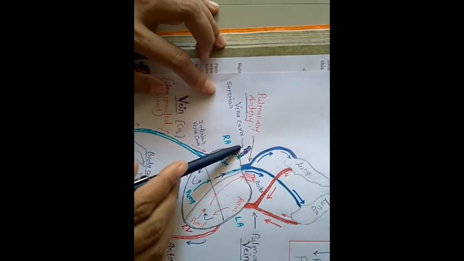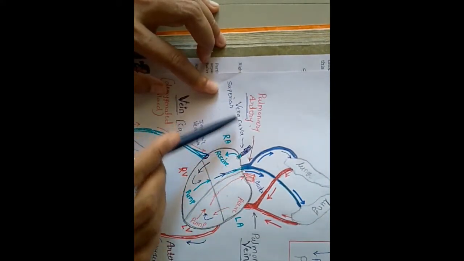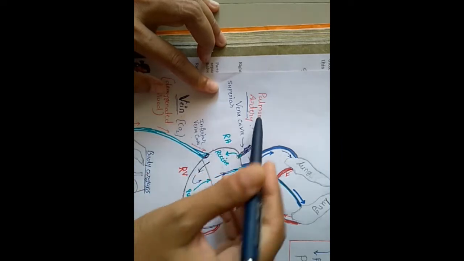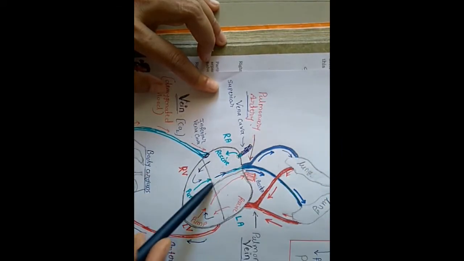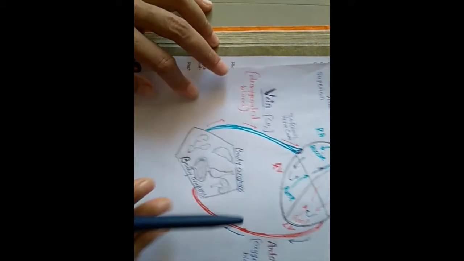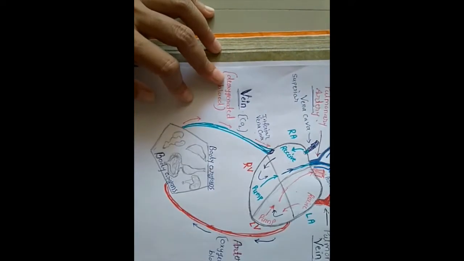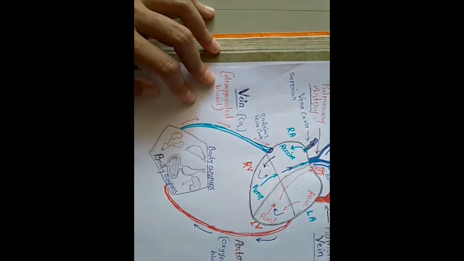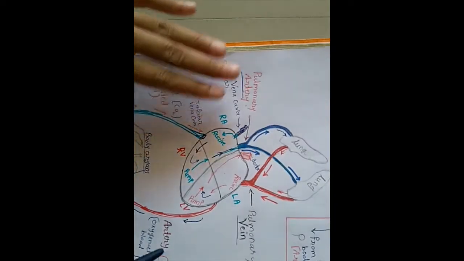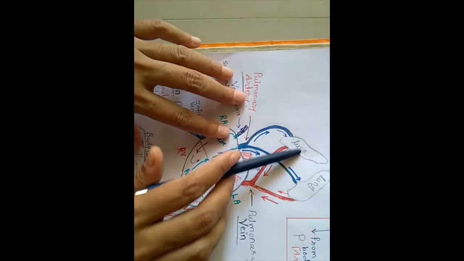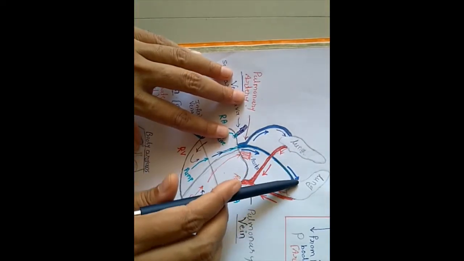As we learned, the superior vena cava carries deoxygenated blood from the upper side of the chest, and the inferior vena cava carries deoxygenated blood from the lower part of the chest. So all body organs I assumed here. Again, how can we understand the function of the blood? At first we know that oxygen is present in the lungs.